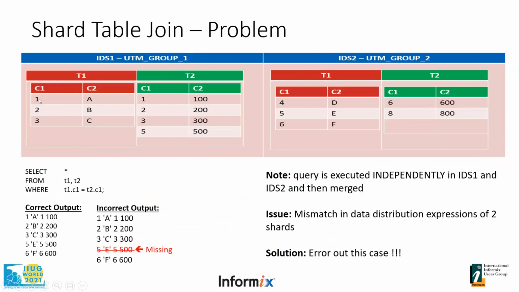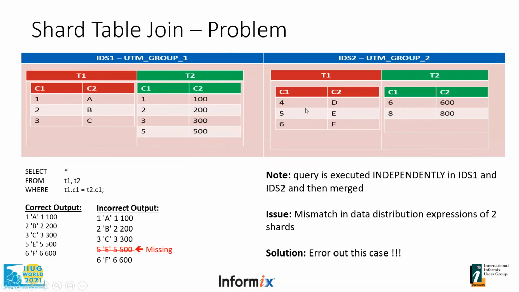So if I give this kind of a join here, what should happen in a normal case when all the rows are in a single instance is that I need to get all these rows, including the row with a C1 being 5. All these three are joined with this, and then the 5 and 6 should also be joined.